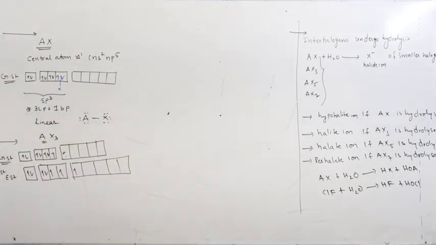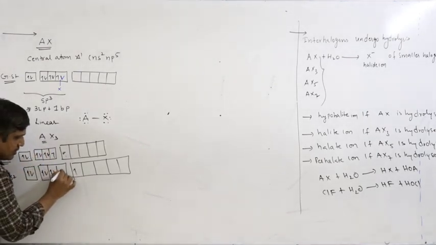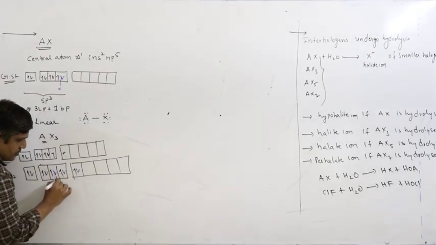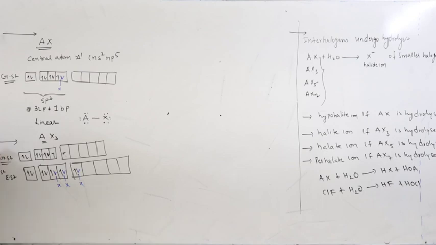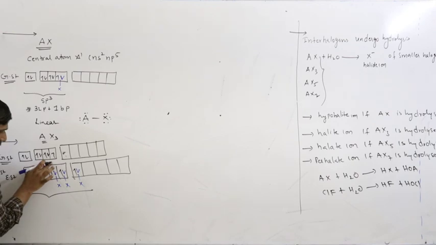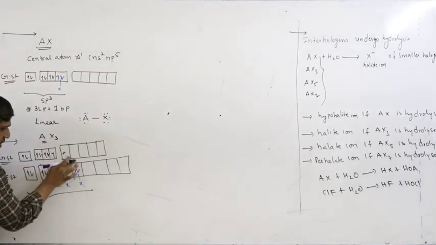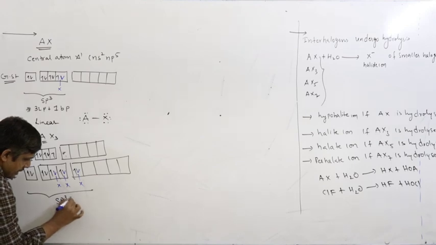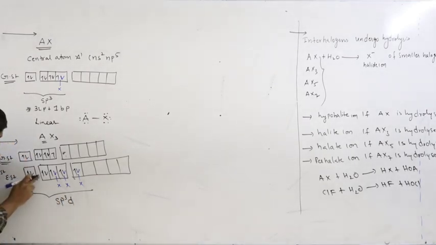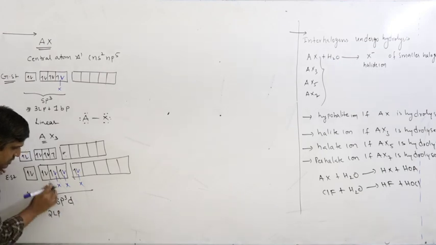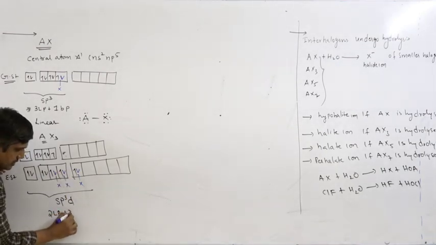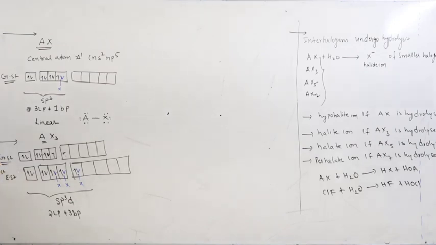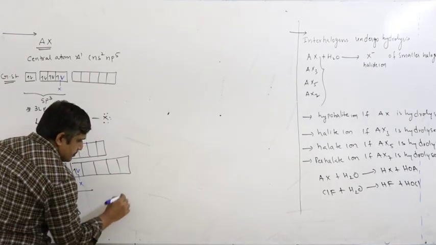So there are 3 unpaired electrons. Now 3 X: this is 1, 2, 3. This is one X, another X, another X. So what is the hybridization? As you can see, s, p, p, p, d: sp3d hybridization. These are 2 lone pairs, and these 3 are bond pairs. So the hybridization is sp3d with 2 lone pairs and 3 bond pairs. The possible structure is T shape.